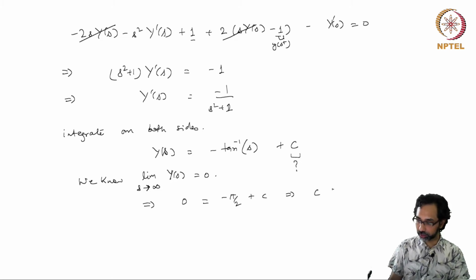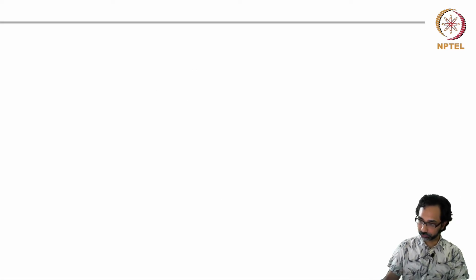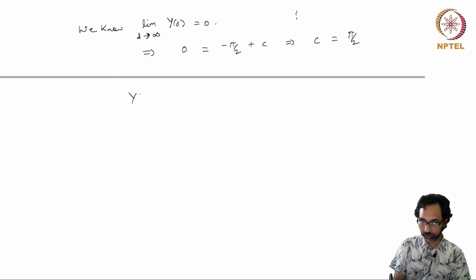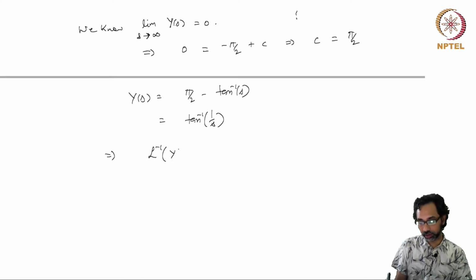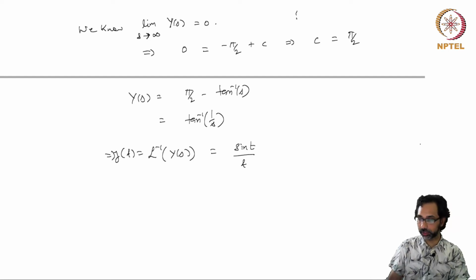This implies that C equals pi by 2, and so Y(s) is pi by 2 minus tan inverse s, which is equal to tan inverse 1 over s. Now we know the inverse Laplace transform of such a function. This is simply sine t, so y(t) is sine t over t.